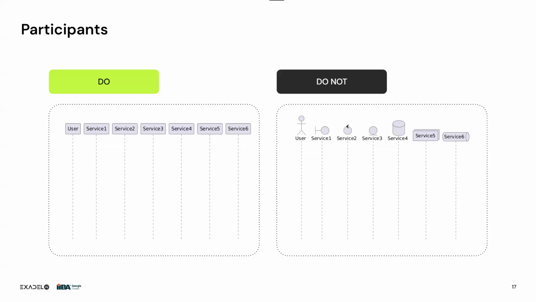For example, most people won't understand the difference between a participant shape and an entity one anyway. Unless your team already shares a well-established visual language, it's usually better to declare all actors as simple participants. This keeps the diagram visually clean and shifts the focus to the flow of messages rather than the infrastructure behind each box.